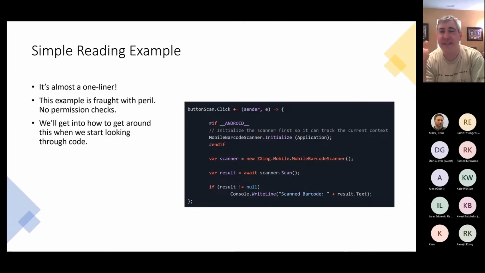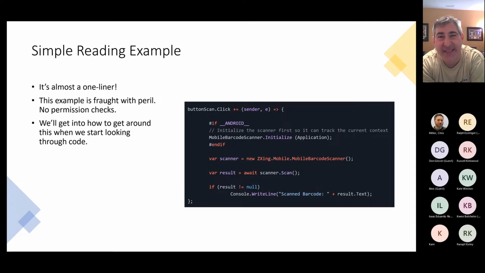So it's practically a one-liner. This is how simple this is, and I just copy and pasted this as a screenshot out of the GitHub repo because there's no reason to bring this into Visual Studio. But you initialize it, you new up a scanner instance, and then you go get the scan results.